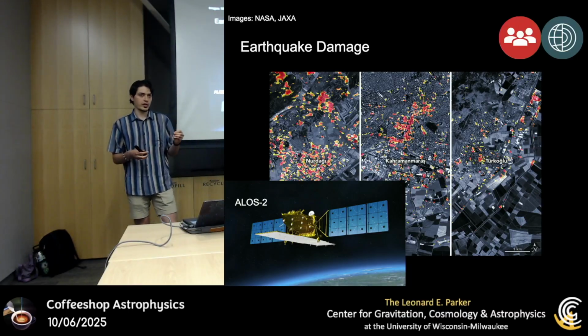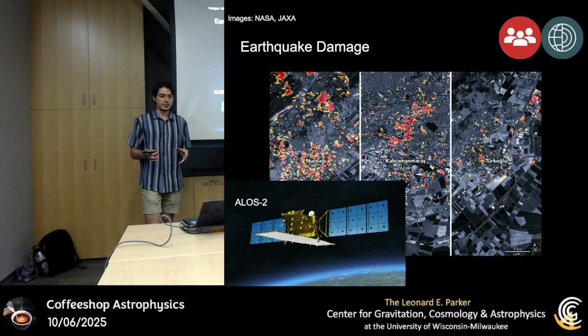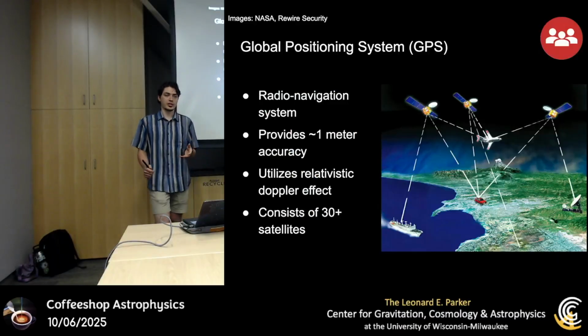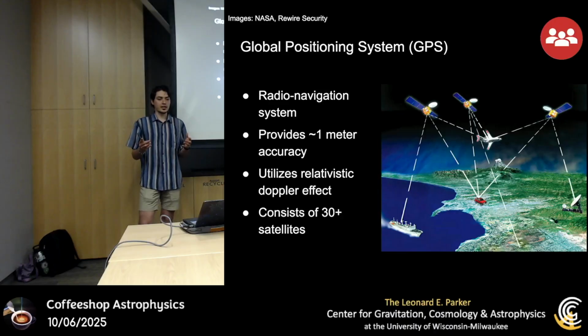And one very important kind of satellite for precisely measuring things like this are GPS satellites, or global positioning system. GPS satellites work by timing multiple satellites to gain an exact position on Earth.